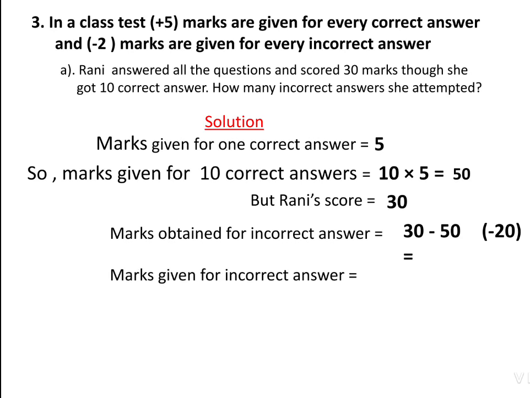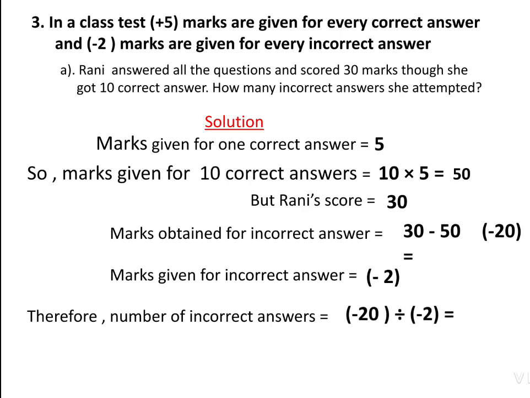Then marks given for one incorrect answer equal to minus 2. So the number of incorrect answers equal to minus 20 divided by minus 2. That is the method. Minus 20 divided by minus 2 equal to 10.